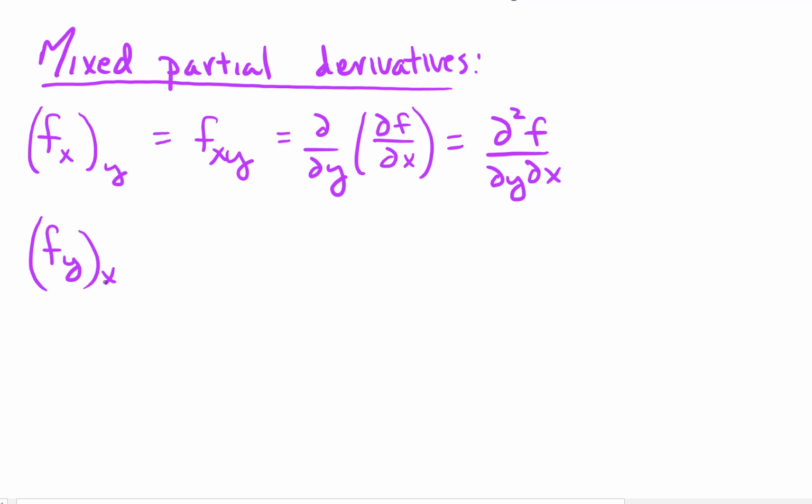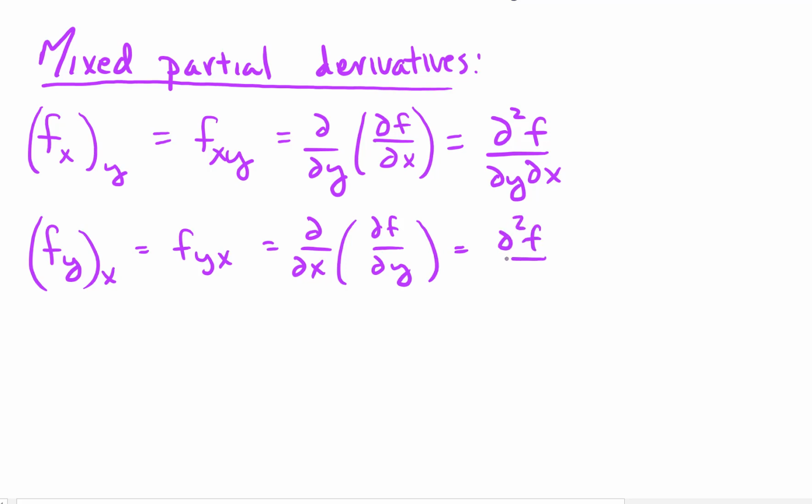So you just have to know if you're in the curly d notation or the subscript notation, the order's a little bit different there. So similarly, you could do the partial derivative with respect to y and then x. So that looks like f sub yx. In other words, that's doing the partial derivative of f with respect to y and then hitting it with respect to x. Now, in general, these are not the same. In some cases they are, but not always. And so you really do need to be careful about the order in which you're working.